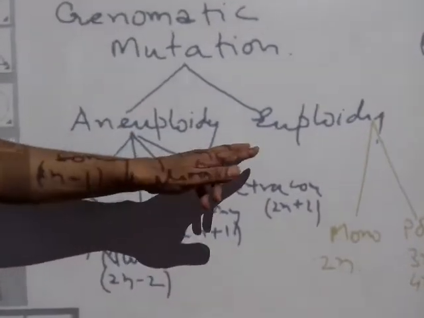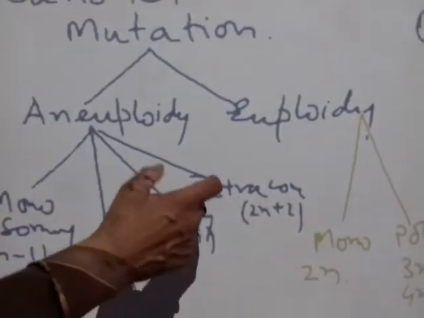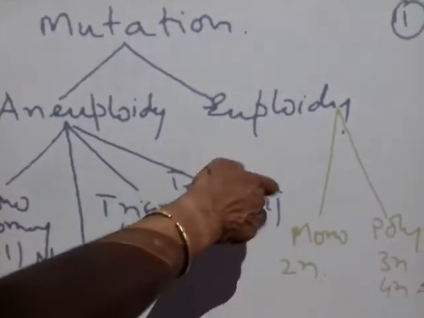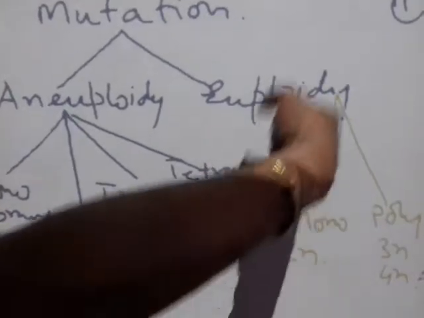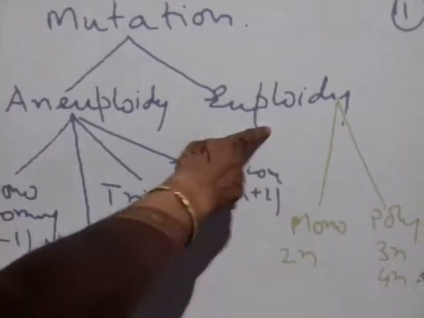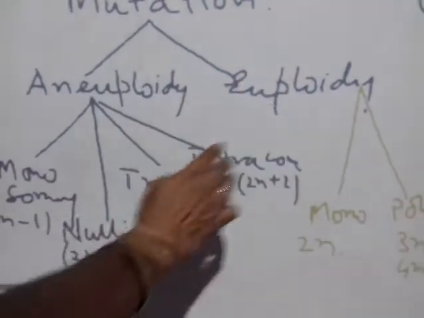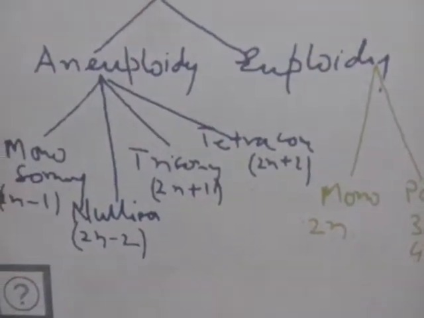But if the number is a multiple of the normal set of chromosomes, suppose the normal set is n, it becomes 2n, 3n, 4n, means it doubles, triples, or becomes 4 times or 5 times, then we call it euploidy.